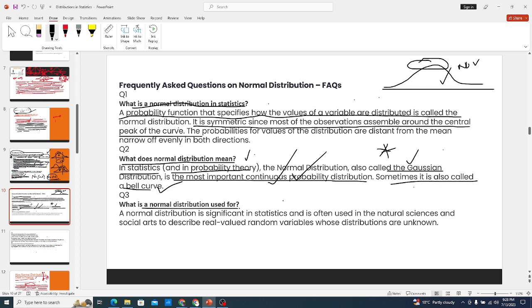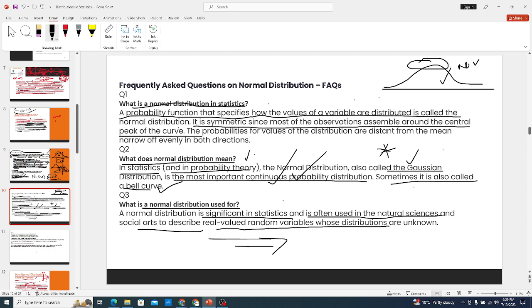What is it used for? The normal distribution is very significant in statistics and is often used in the natural sciences and social sciences to describe real-valued random variable distributions, or we use it to check the distribution of randomly generated values with unknown distribution.